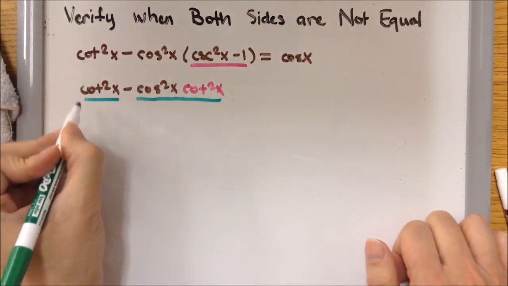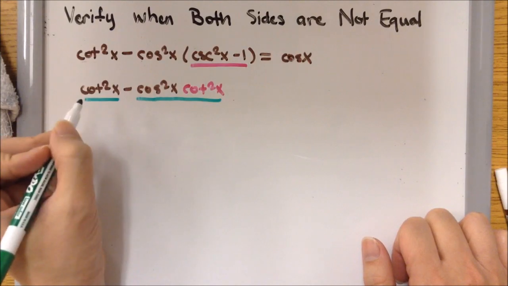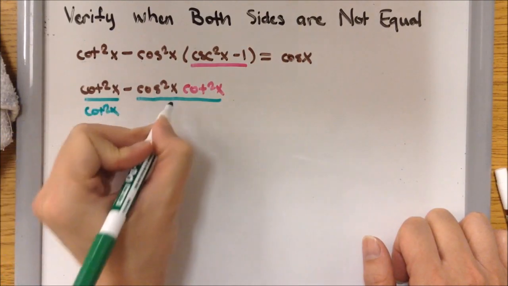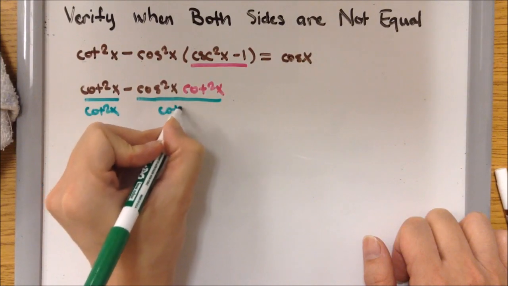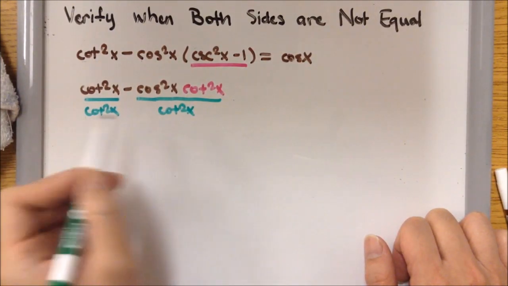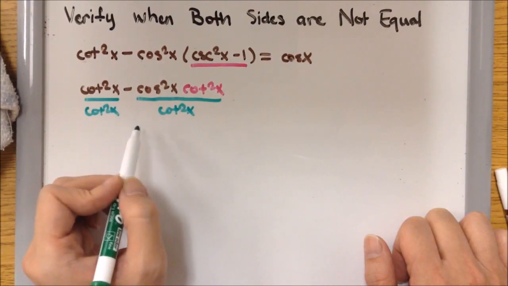So what I'm going to do is factor out the common factor. When I'm factoring out, I'm dividing. So, cotangent squared x, cotangent squared x. When I'm factoring, the common factor doesn't disappear or go away.